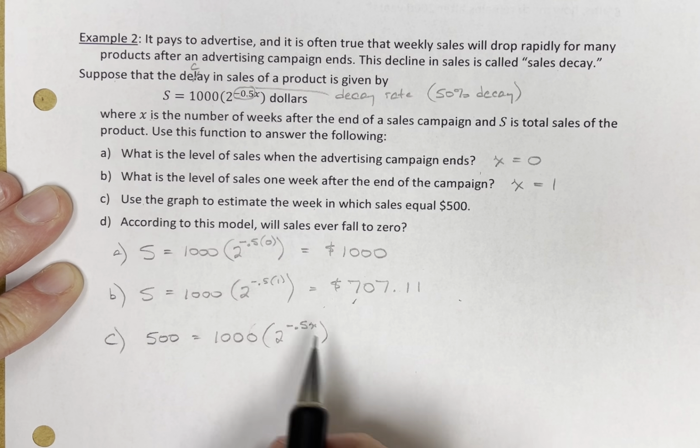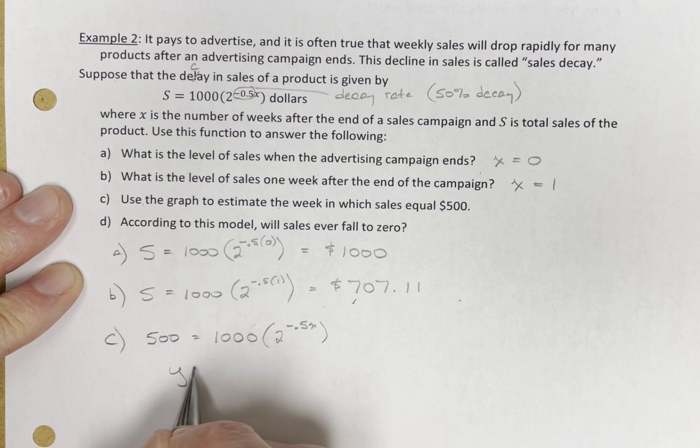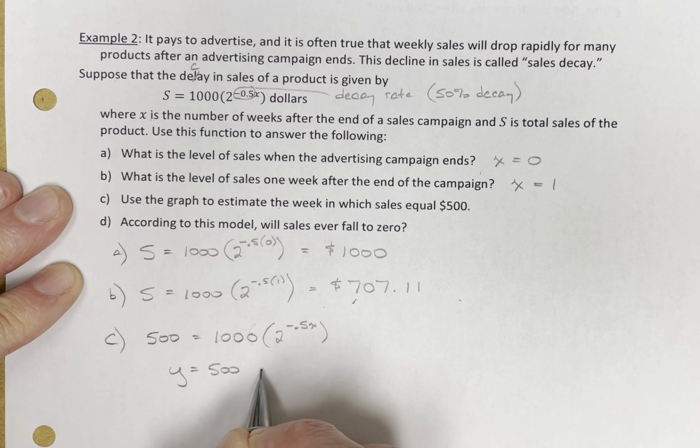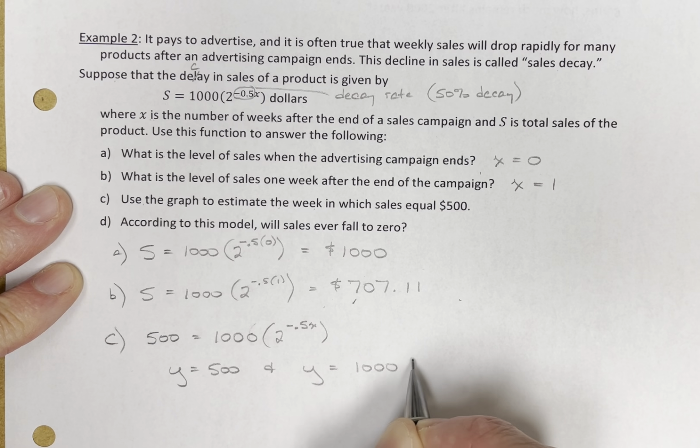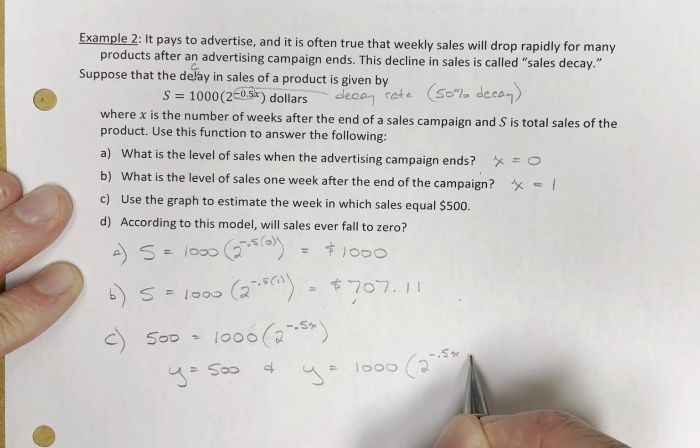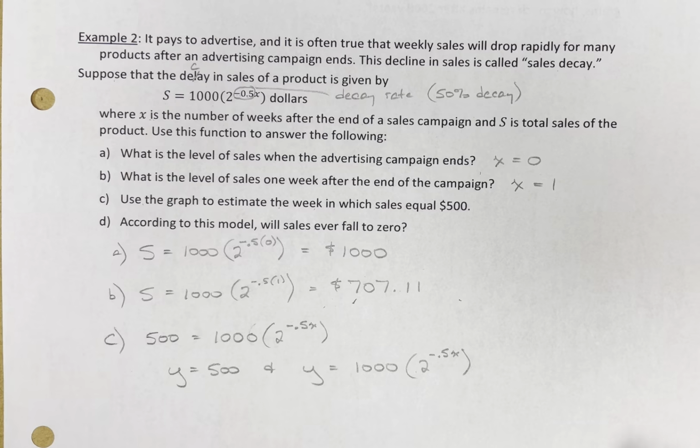And we're going to use the graph. We haven't learned yet how to find the value of x in an exponent algebraically. So let's do a y equals 500 and a y equals 1,000 times 2 to the negative 0.5 times x. And let's see where that intersection point is.